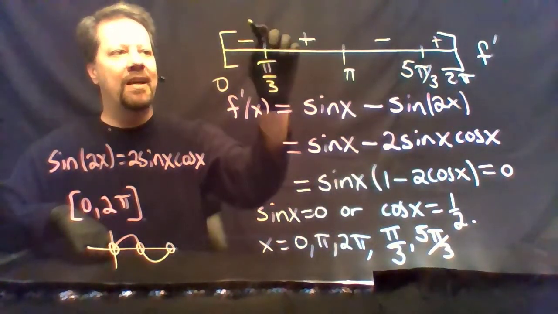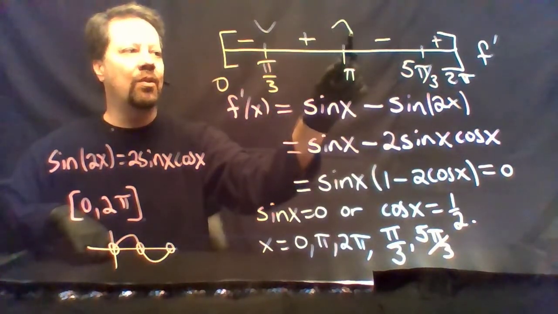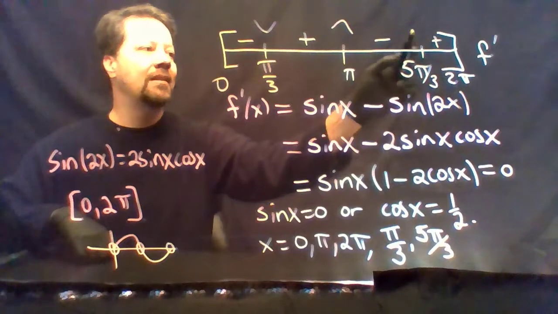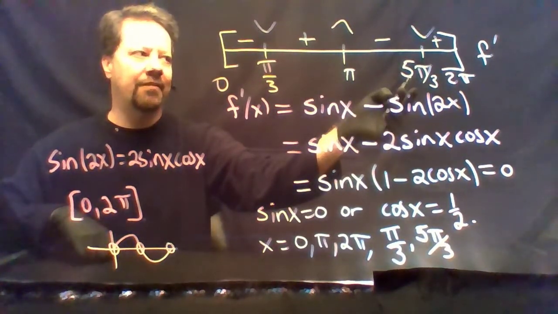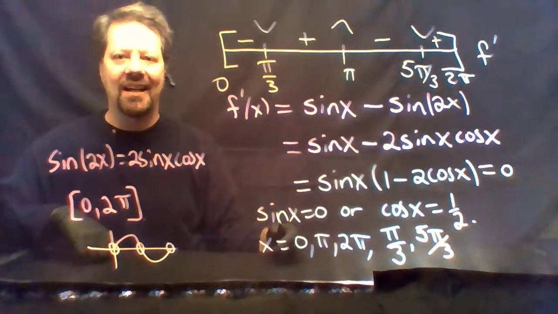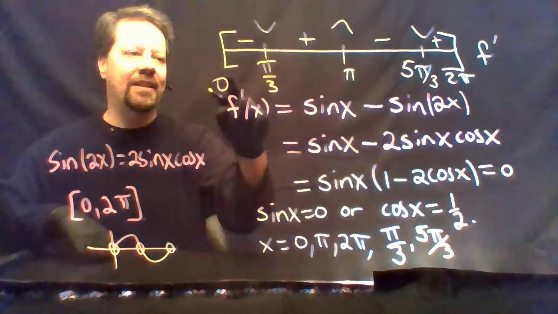You can see then that we have a local min at pi over 3, a local max at pi, and a local min at 5 pi over 3. Now, the first derivative test doesn't tell you anything about the endpoints.